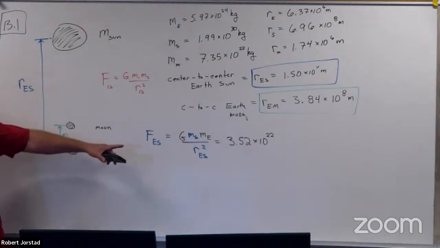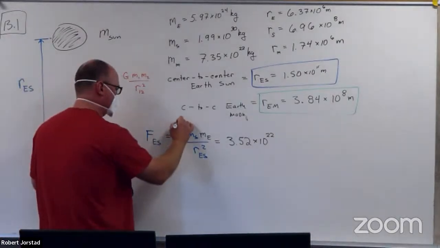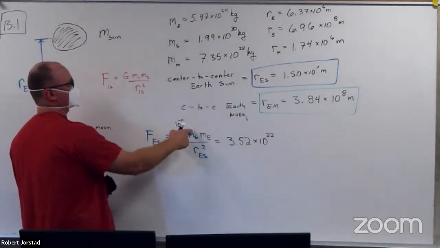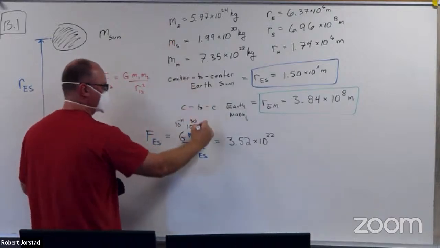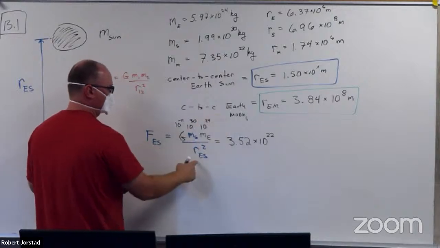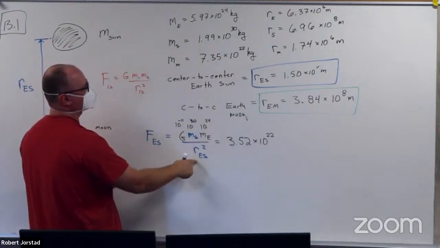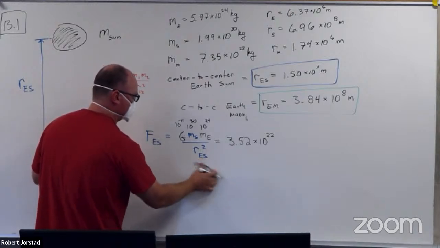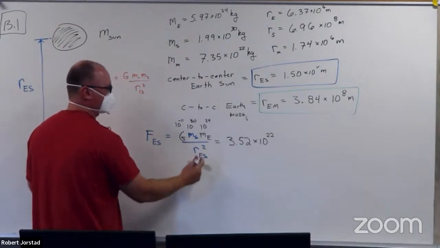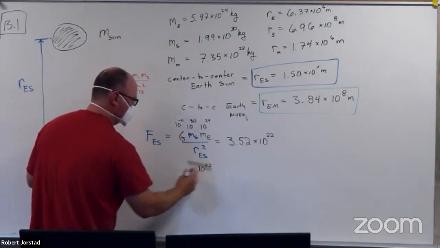You can also check the powers of 10. 10 to the minus 11. Mass of the sun is 10 to the 30. Mass of the Earth is 10 to the 24. Radius Earth-Sun is 1.5, whoops, let's just say 10 to the 11. So when we square it, that's going to be 10 to the 22.